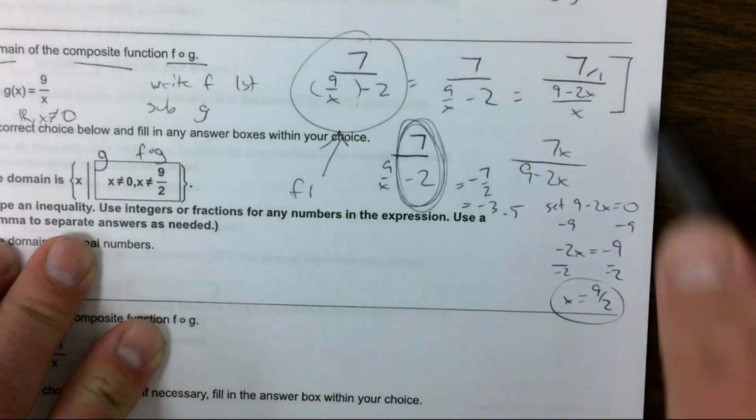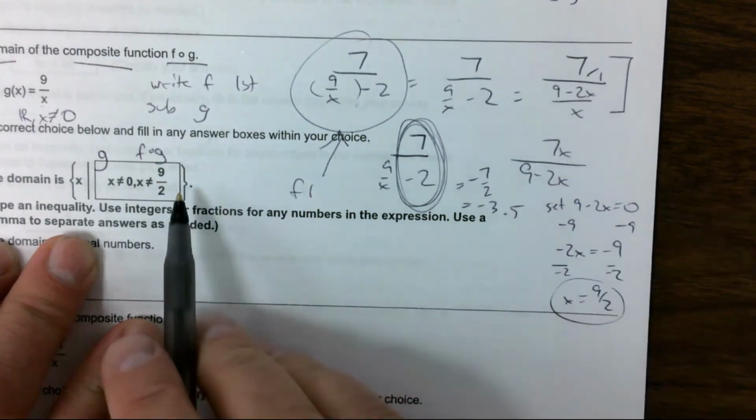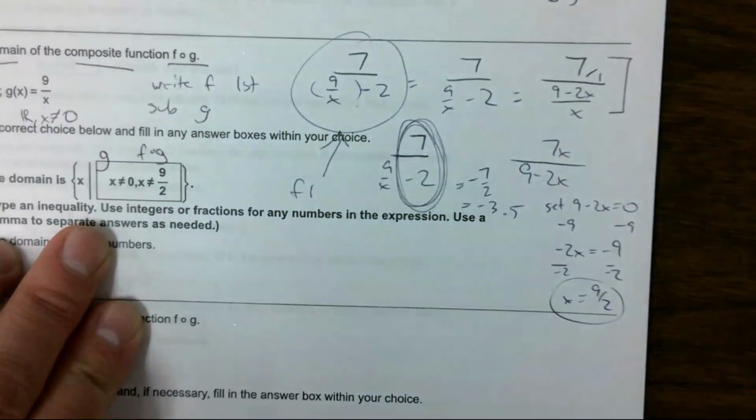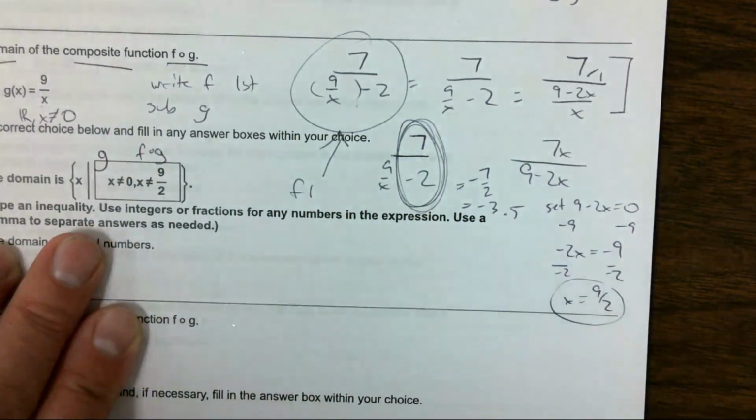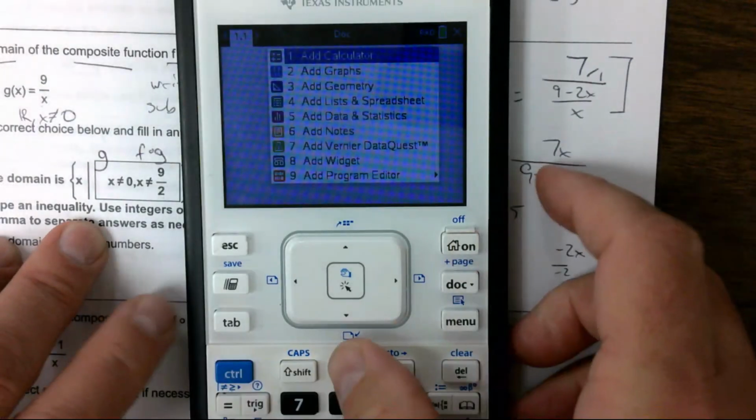So that really did help you get to here. So that is a good skill to have as well, because I don't know how you can actually do that one without that.